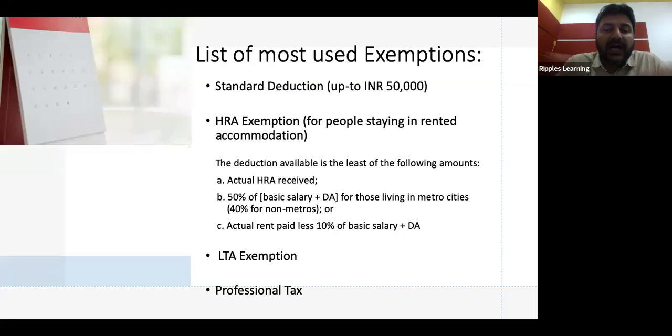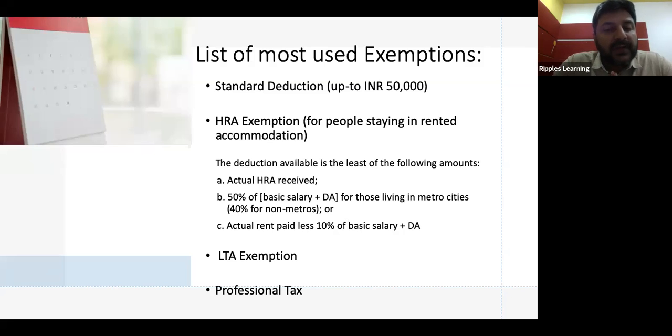Now, metro by law has been defined as four cities, which are Delhi, Mumbai, Kolkata, and Chennai, right? Everything apart from this, irrespective of whether the cost of living is more or less, is considered to be a non-metro. However, the choice of 40% or 50% is a company-specific choice.